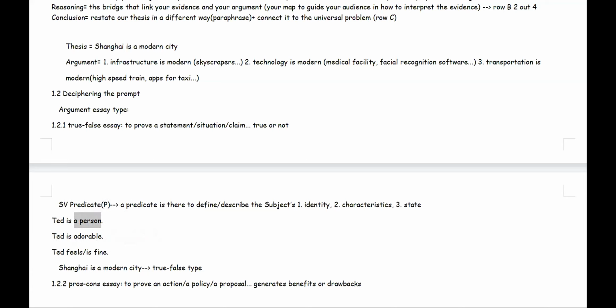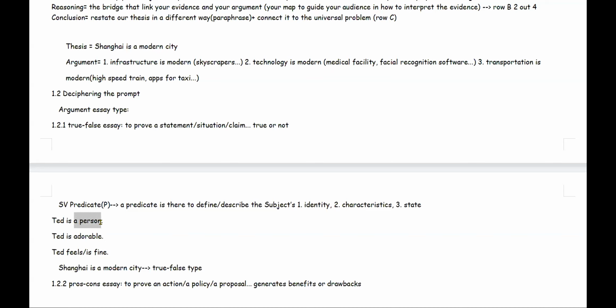The first predicate identifies your identity: you're a person. The second identifies your characteristic: you're adorable. The third identifies your state, how you feel right now: you're fine.